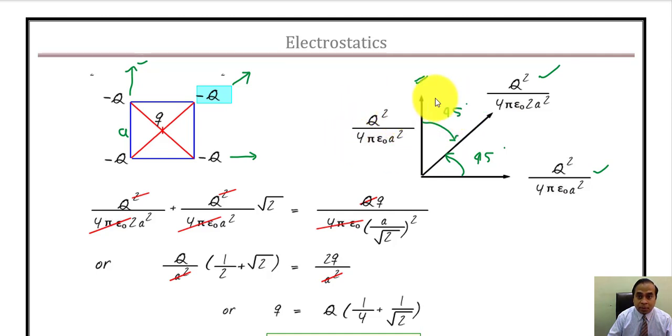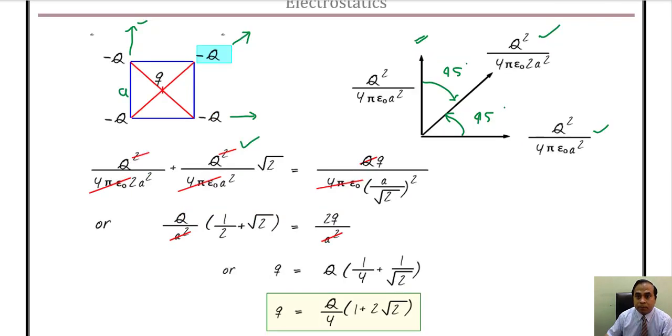So it will be F cos 45, F cos 45, and they add up. This total force value is q squared upon 4 pi epsilon naught a squared into root 2 cos 45, and this also is q squared upon 4 pi epsilon naught a squared into cos 45. Both add up, so there must be a 2 here also.